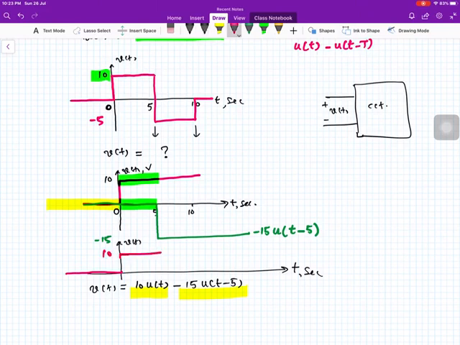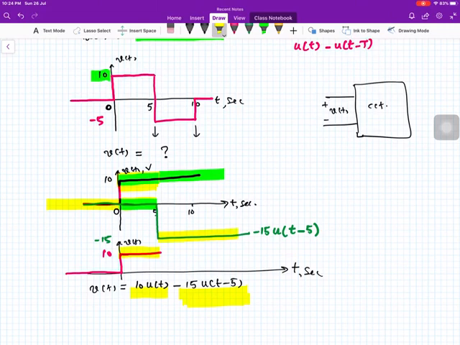Remember again, see again, this signal's waveform is 10 and the green was 0, so 10 minus 0 is 10, as you can see over here. It's very straightforward. Then from the time equal to 5 seconds and onward, 10 ut is 10, and the other signal which is over here is minus 15.